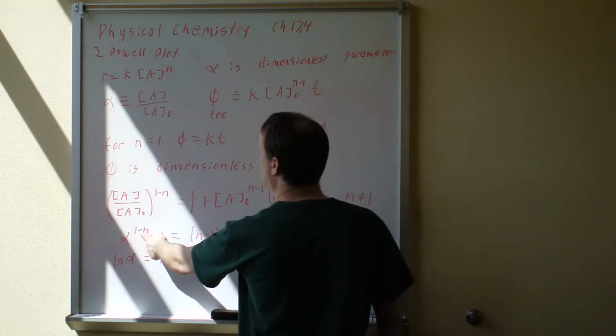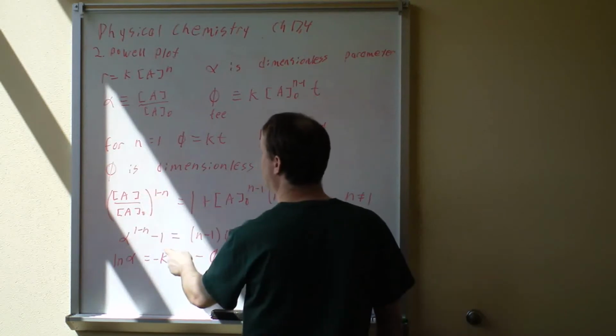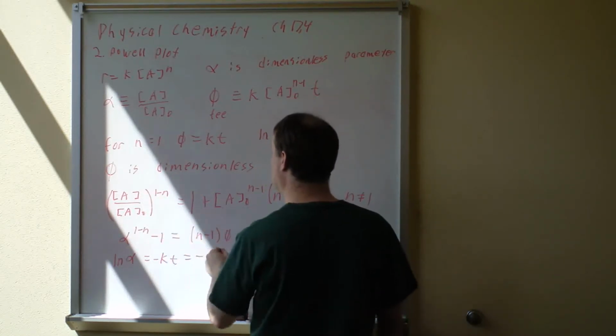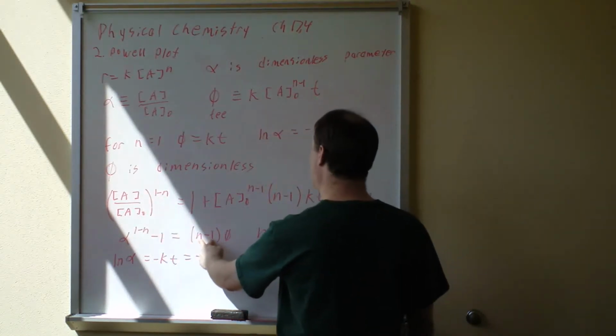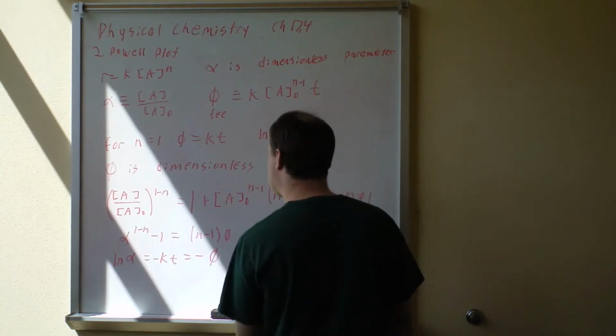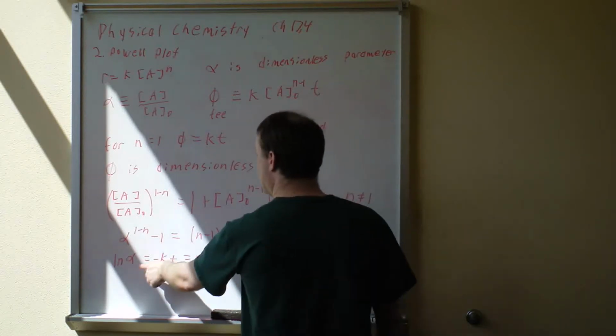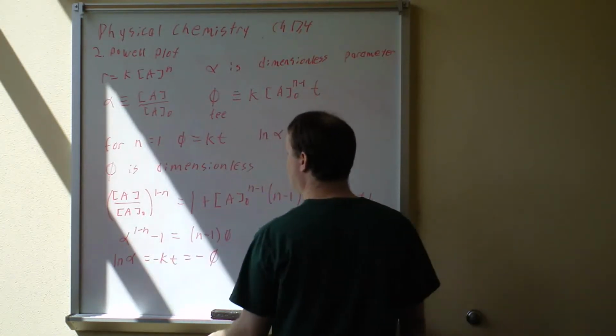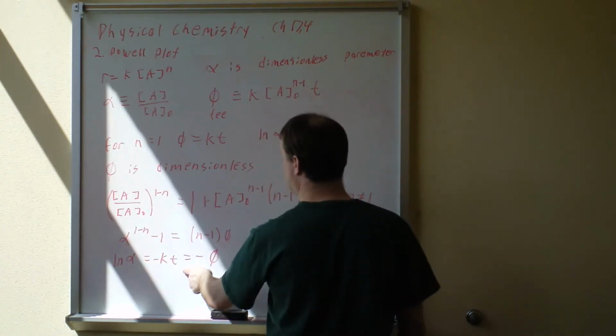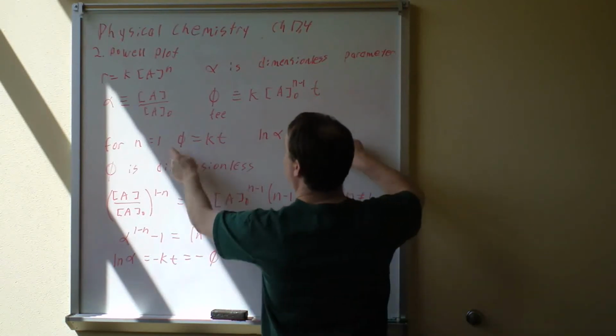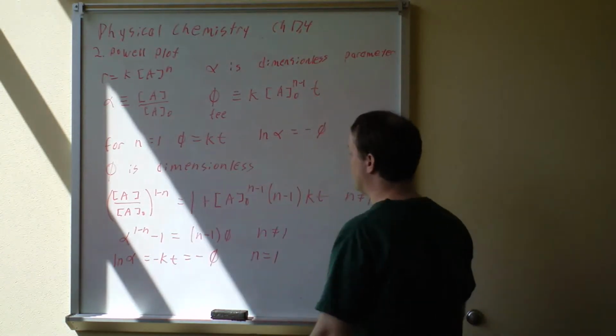So we get alpha to the 1 minus n, minus 1, because we moved it over here, equals n minus 1 times phi. And that's for n not equal to 1. Now, the natural log of alpha is equal to minus KT, which is equal to minus phi by transitivity of equality, for n equals 1.